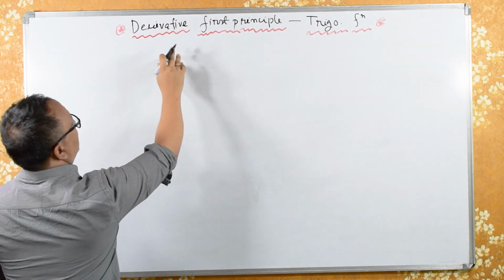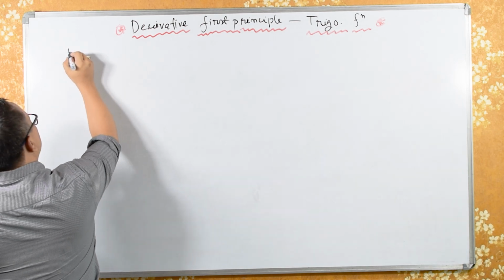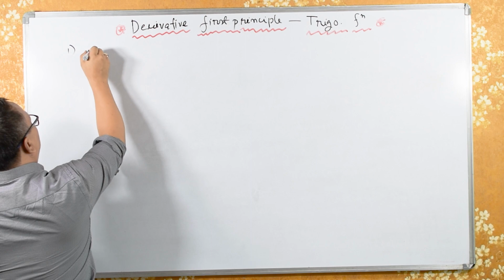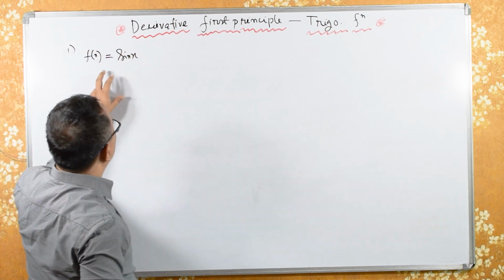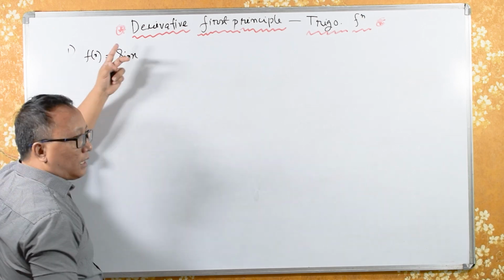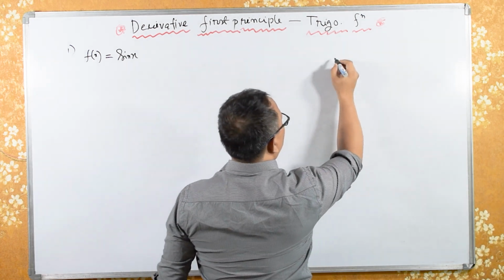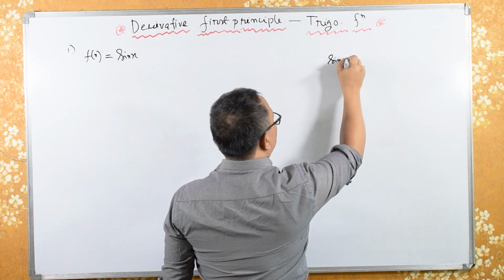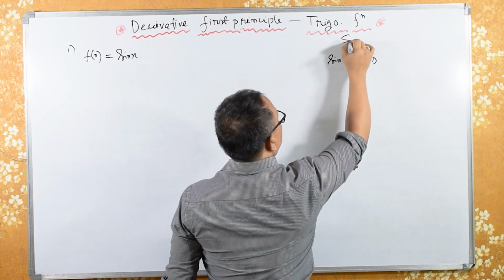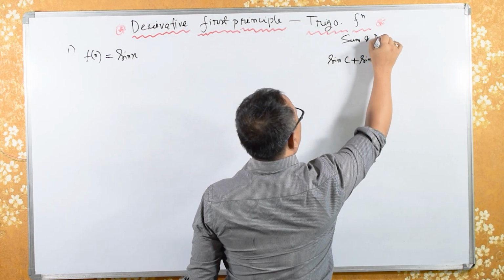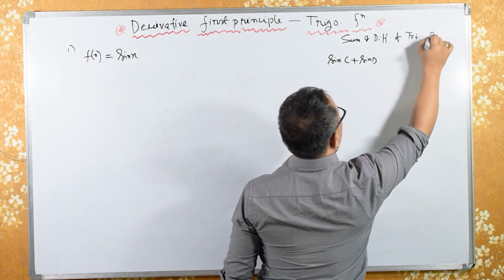Let's solve the derivative by first principle for trigonometric functions, with f of x equals sin x. Previously what I did is one form, and now this is another form. Before this, just remember some trigonometric sum and difference formulas.